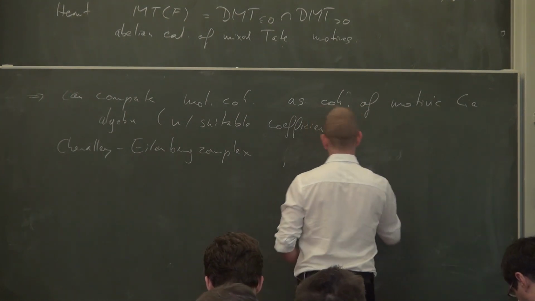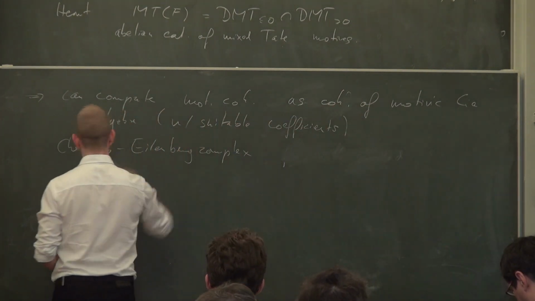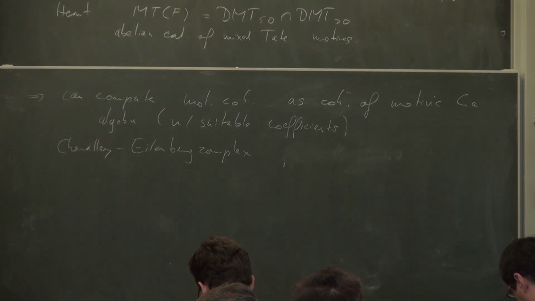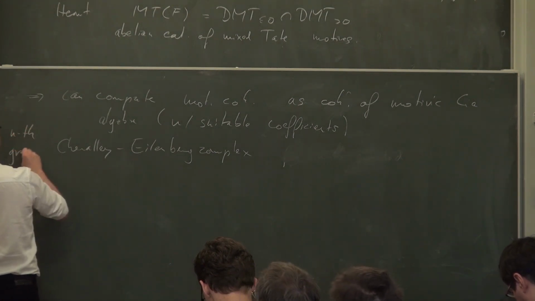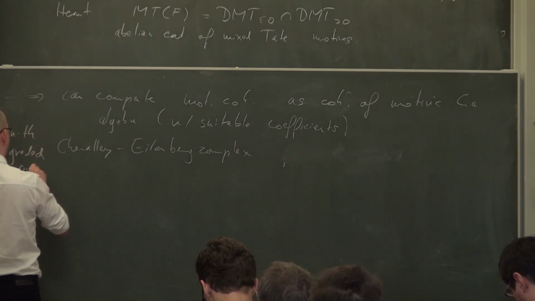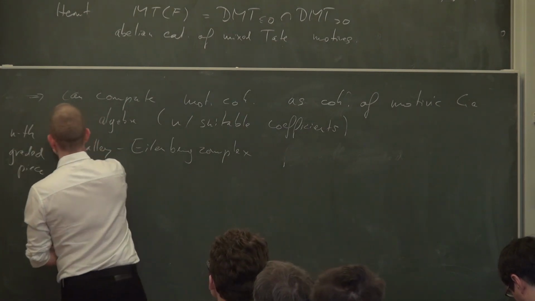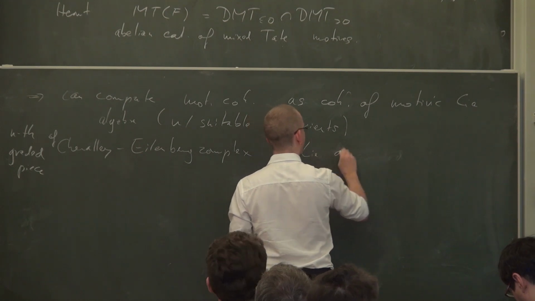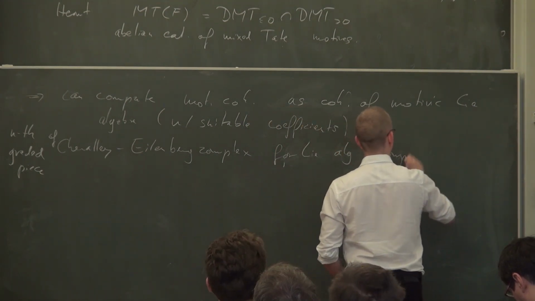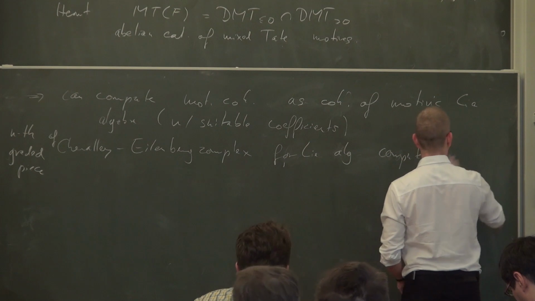Let me say it the other way around. We have this Chevalley-Eilenberg complex. The motivic Lie algebra has a grading, and this also gives a grading on the Chevalley-Eilenberg complex. And the nth graded piece of the Chevalley-Eilenberg complex for the Lie algebra computes motivic cohomology.